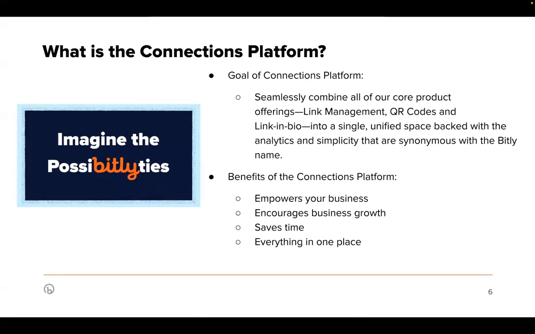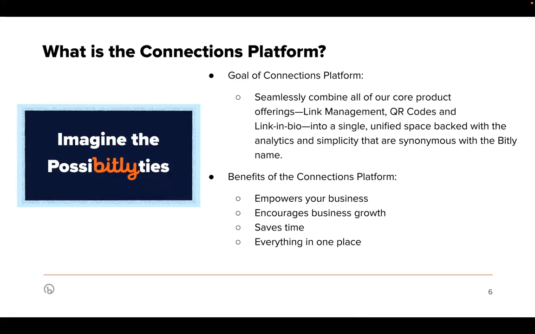The Connections platform allows you to have a single unified space where you can track all of the products that make up the Connections platform in one space. So there are some key benefits that we do like to highlight when using the Connections platform. What it allows you to do is empower your business by having everything in one space and enabling you to spread some brand awareness.